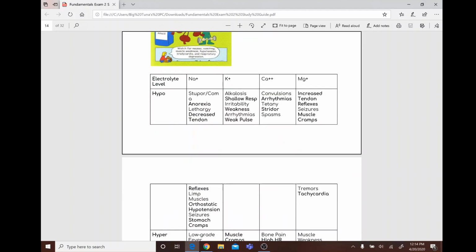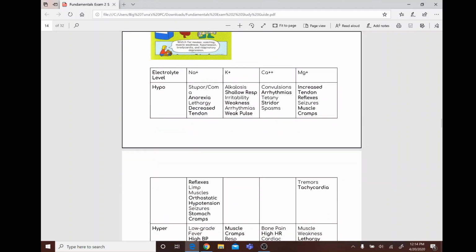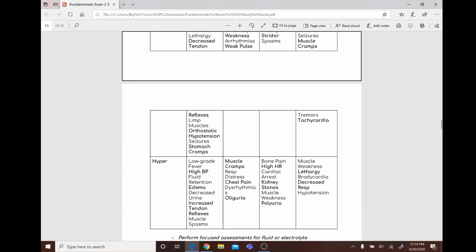Okay, what are the signs and symptoms of hyponatremia? Coma, anorexia, lethargy, decreased DTRs, limp muscles, orthostatic hypotension, seizures, and stomach cramps. What are the symptoms of hypernatremia?